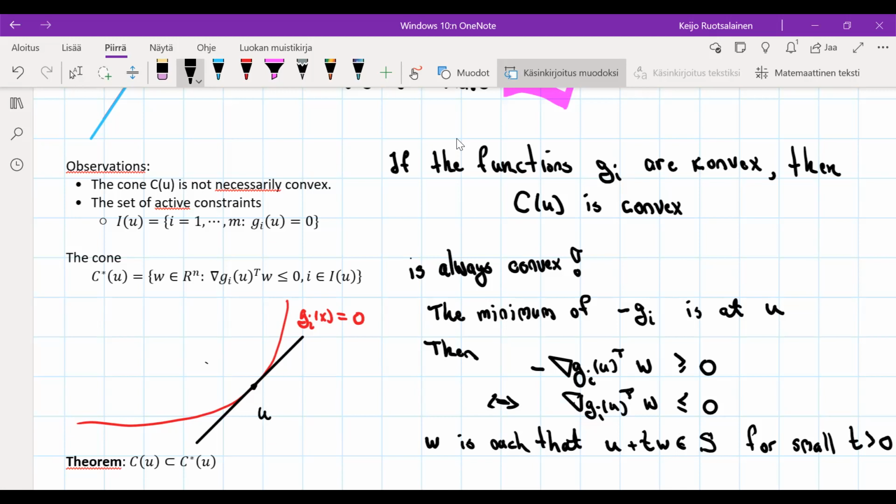So it means that all points belonging to the cone of feasible directions must belong to this C star as well. So we obtain this theorem.